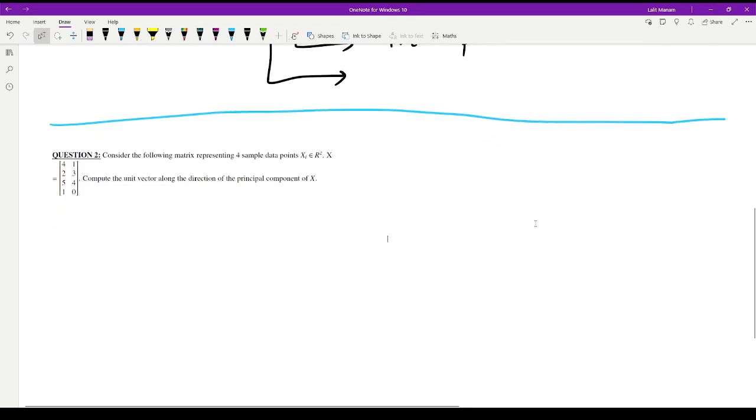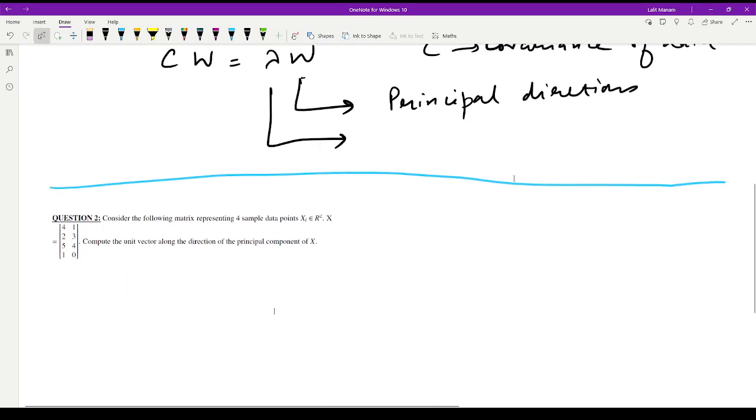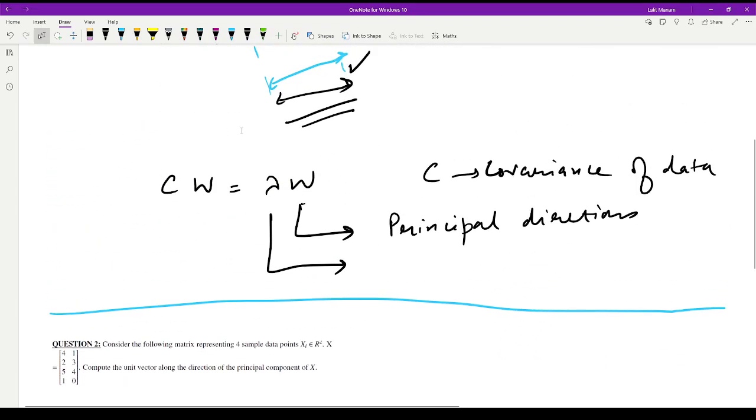Consider the following representation of the data. Data is given as rows in this specific question, and we compute the unit vector along the direction of the principal component of x. So what do you need to do? Simple, right? We first need to find the covariance matrix, and then based on that we just need to solve the eigenvalue equation to get the principal components.